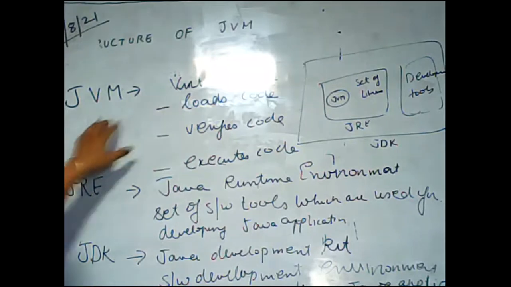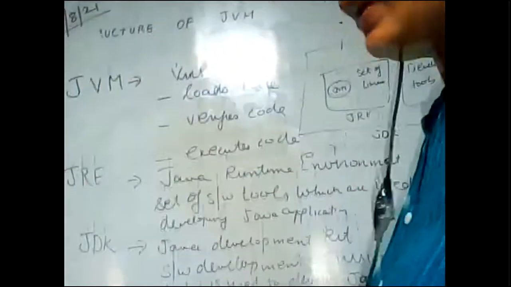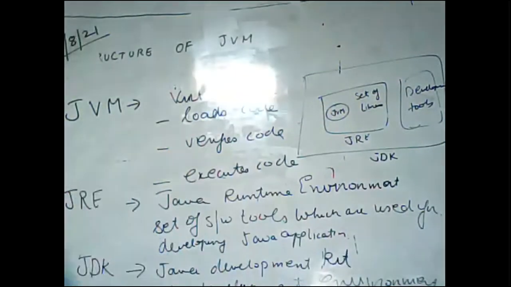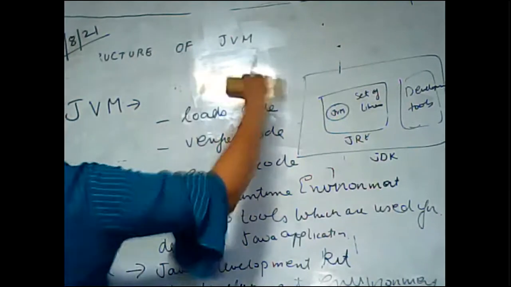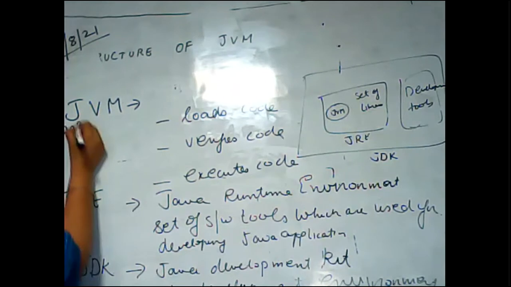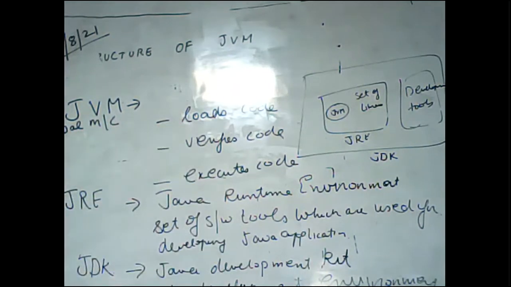What is the JVM part? That is a virtual machine. We have already discussed that it is a virtual machine, so we are writing it like this.